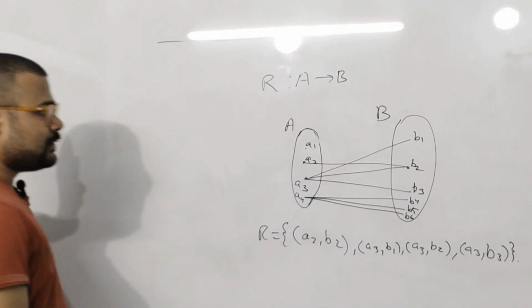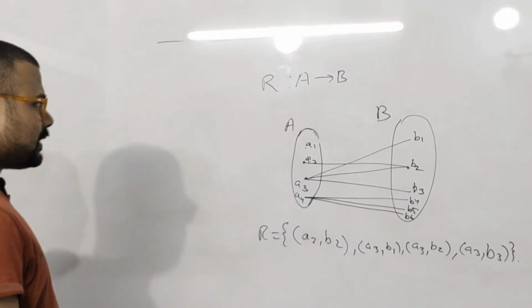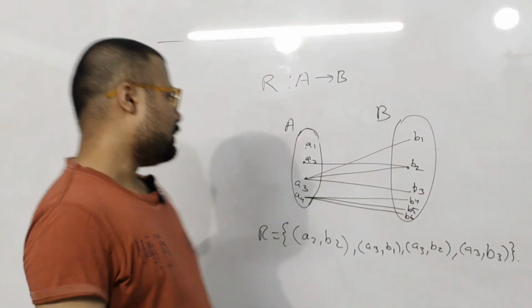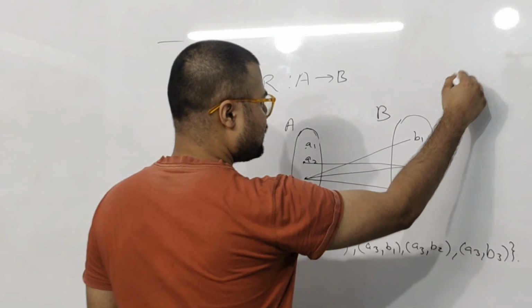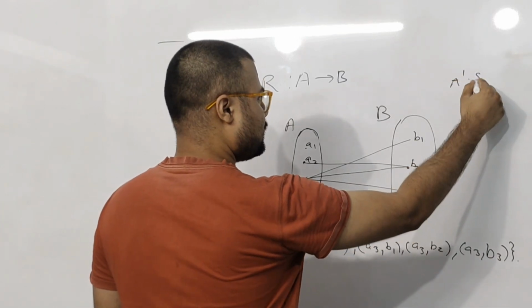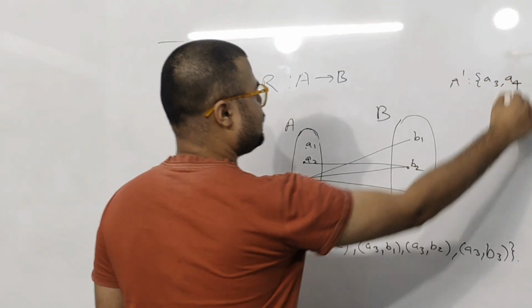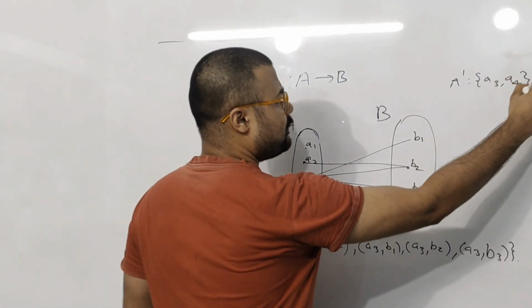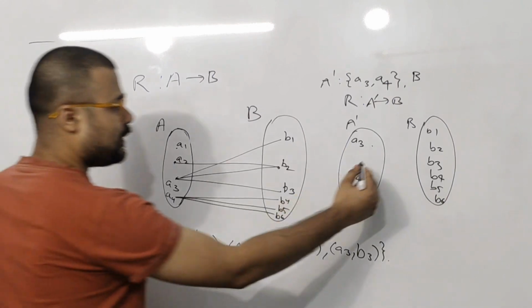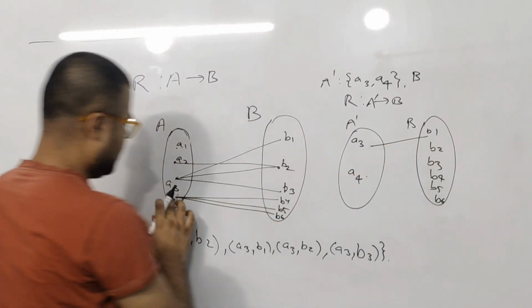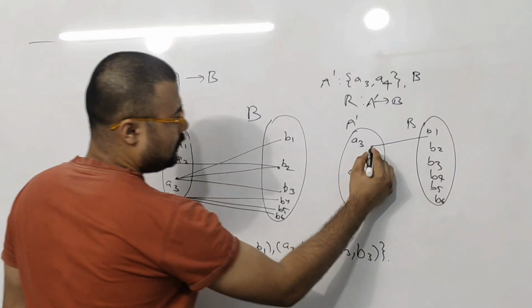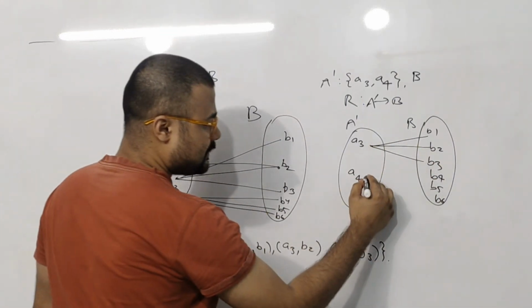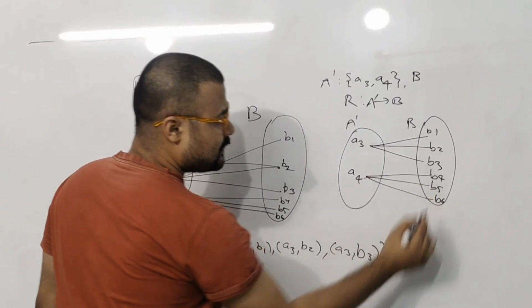So let's take a subset A' of A, which is just A3 and A4, and B as it is. A3 is mapped to B1, B2, B3. A4 is mapped to B4, B5, B6.